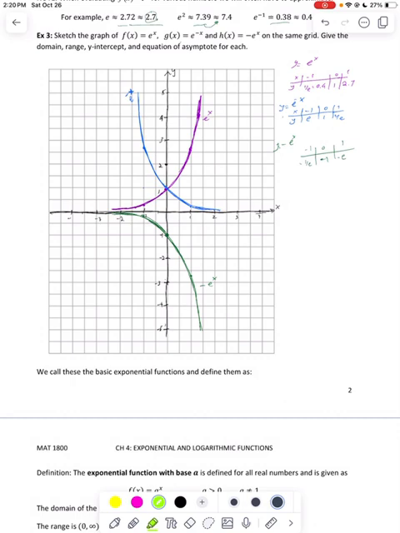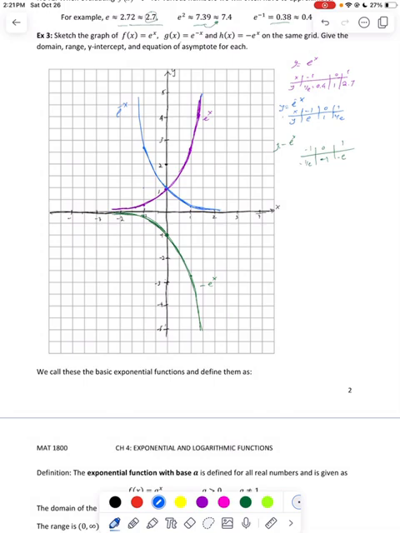Now note here, the e to the x and e to the negative x. We can consider them separately, think of them as two separate functions, or we can think of e to the negative x as the flip of e to the x over the y-axis.